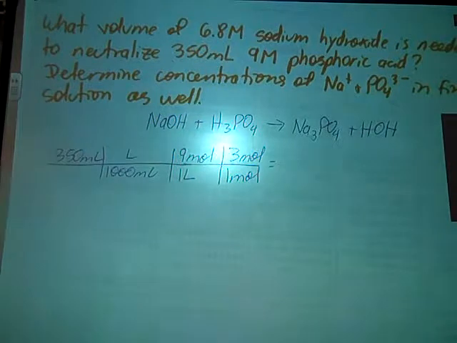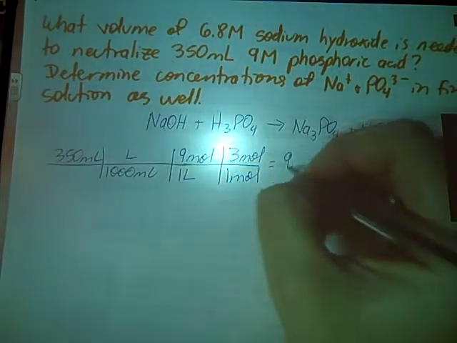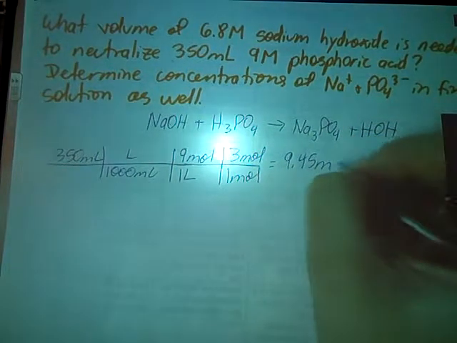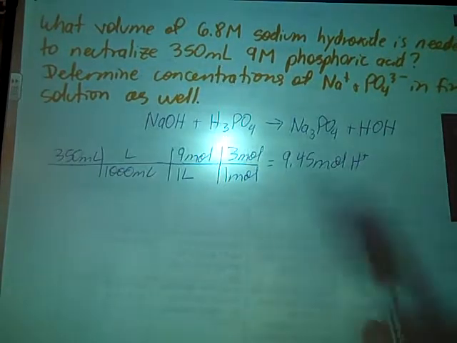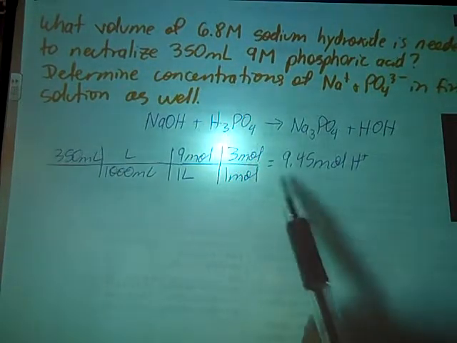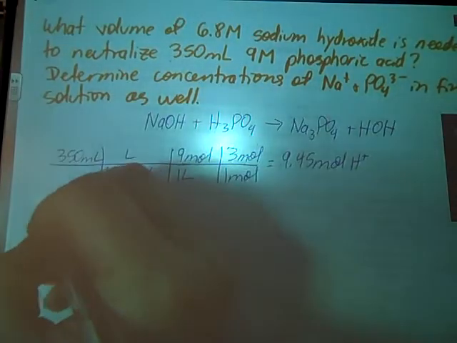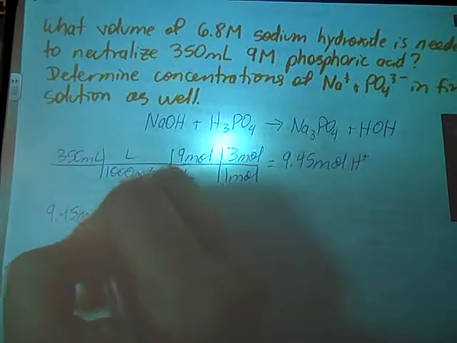So 350 times 9 times 3 divided by the bottom gives me a whopping 9.45 moles of H plus that I have floating around. Since I have this much floating around, I need this much OH minus to neutralize that.